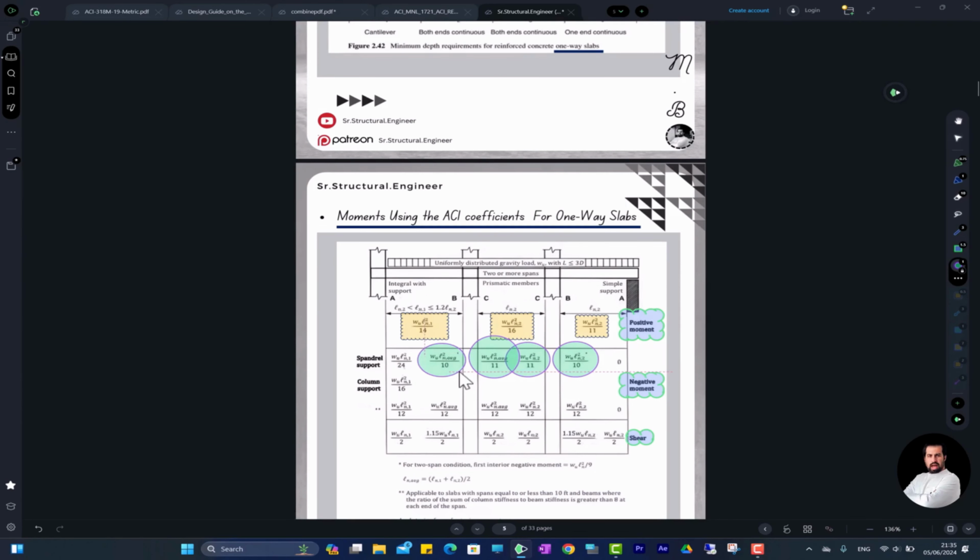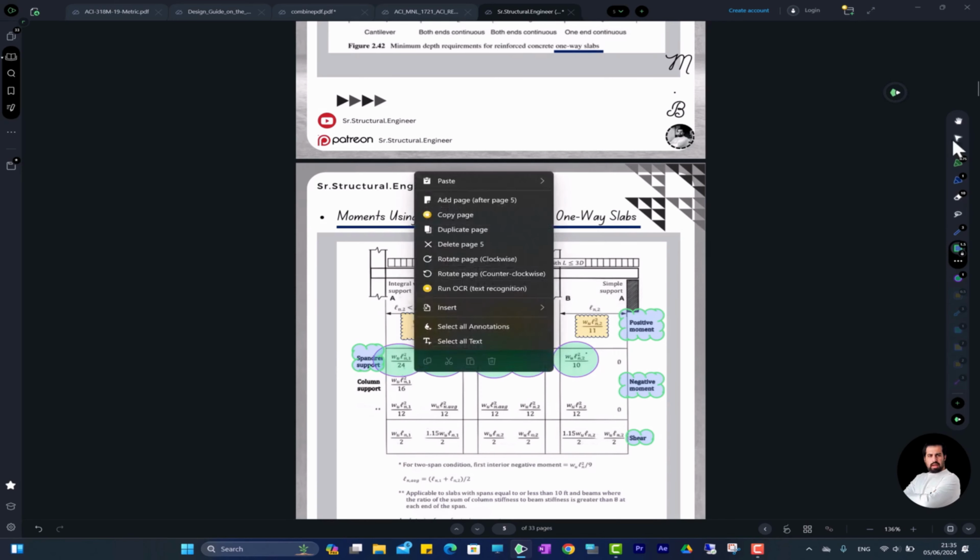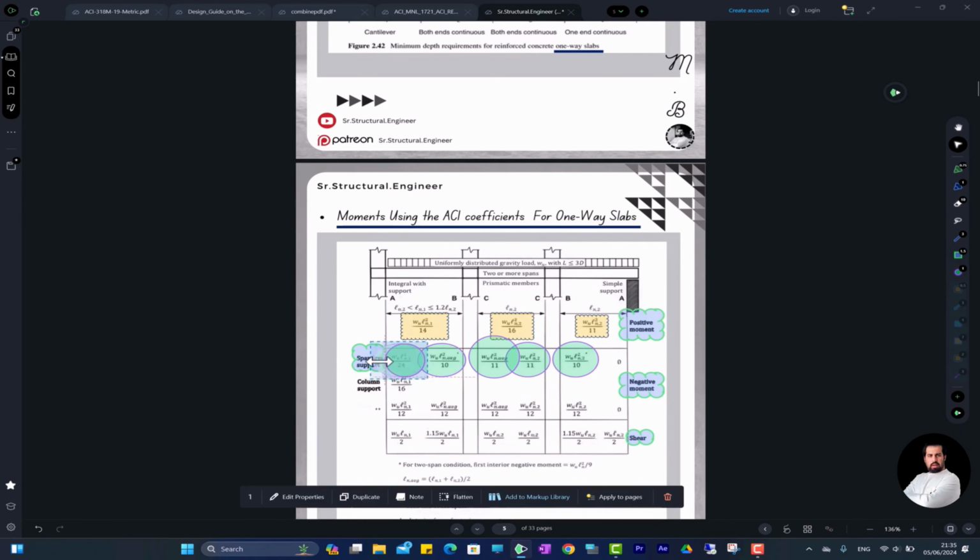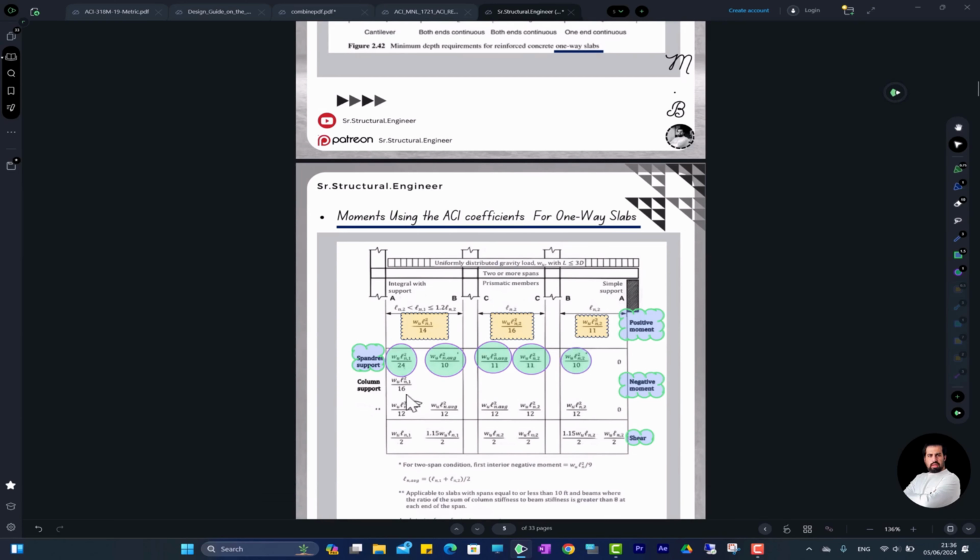As you can see, the value of the bending moment and the shear force depend on the load coefficient or load factor and the length of the adjacent span. Positive and negative bending moments are provided separately.